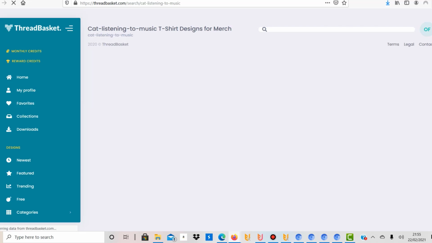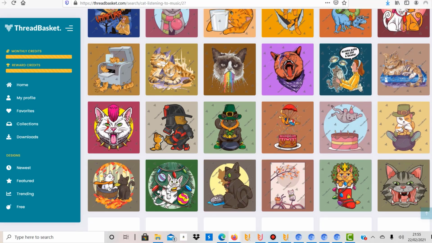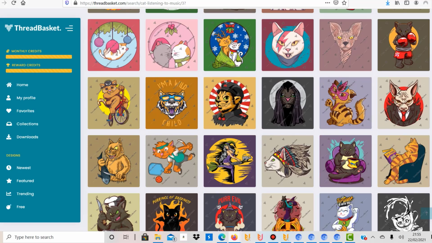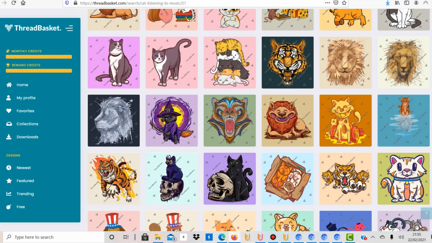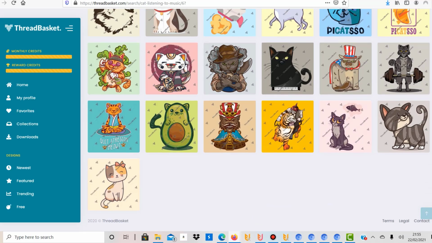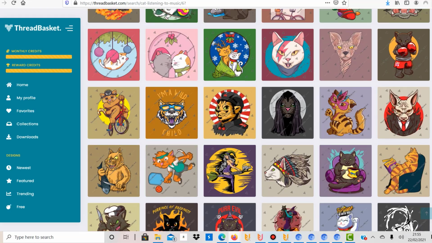So cat listening to music, I can see how that might work. So various cat graphics here, cat images. So there are quite a few, and also probably some which you don't find anywhere else, because the style of these is quite different to the likes of Vexels, Canva, or Placeit. So there is quite a difference.